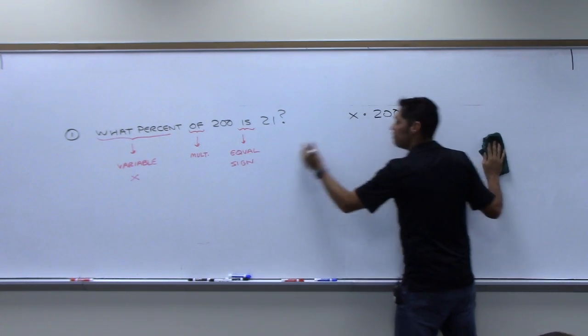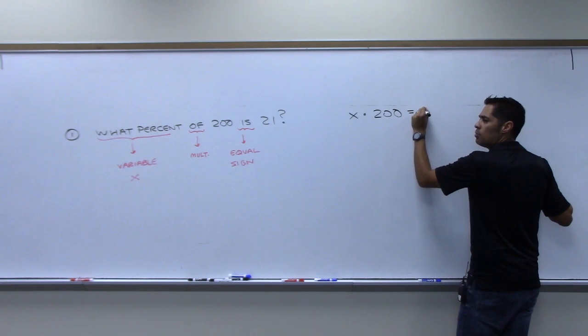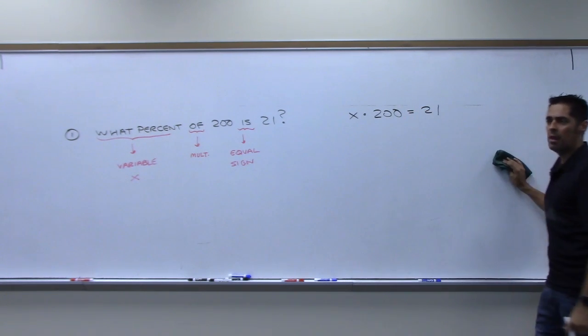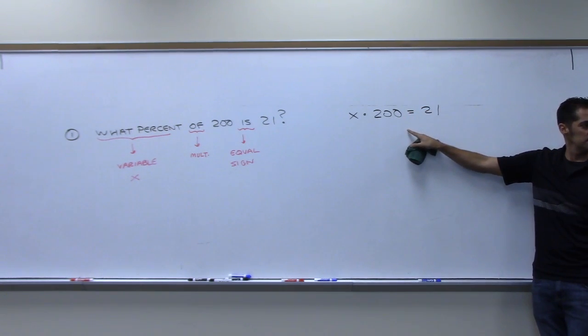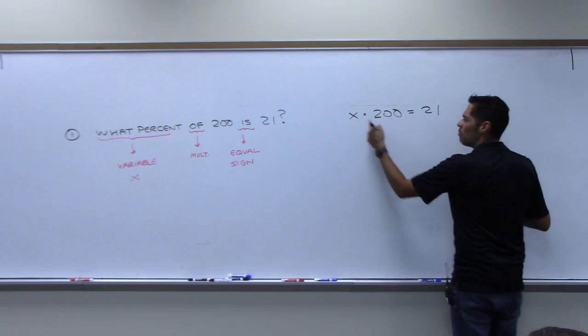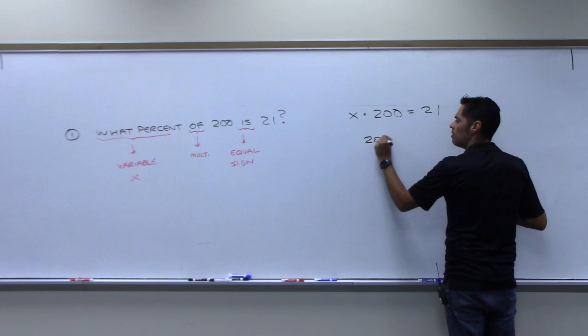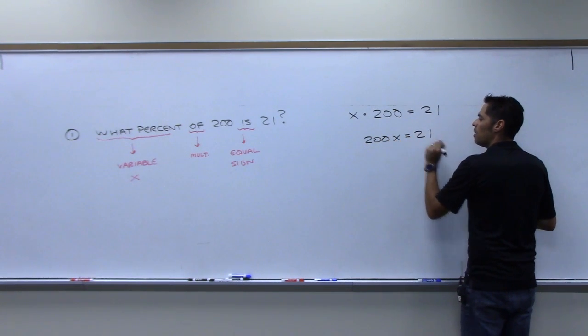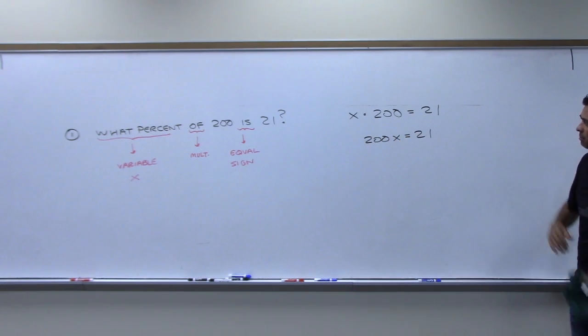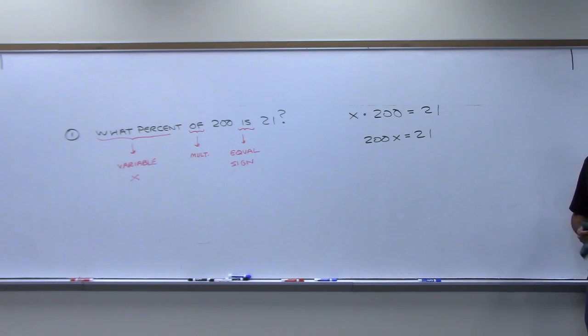Then is 21. There it is. And this is a linear equation, isn't it? We normally wouldn't write x times 200. We would write 200x instead, equals 21. And now solve that for x. So you would divide both sides by 200, right?